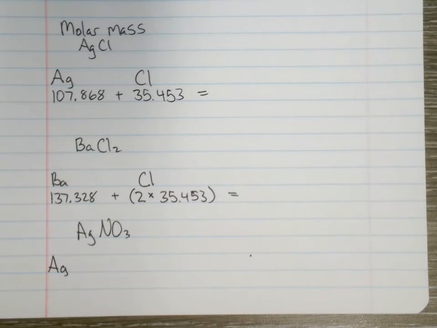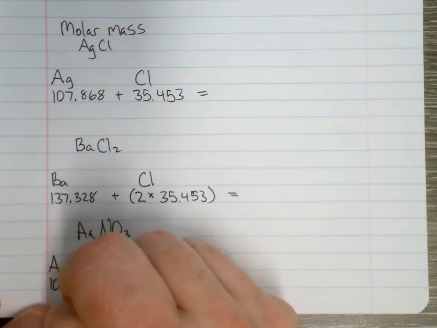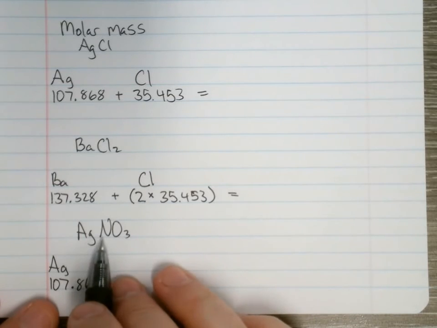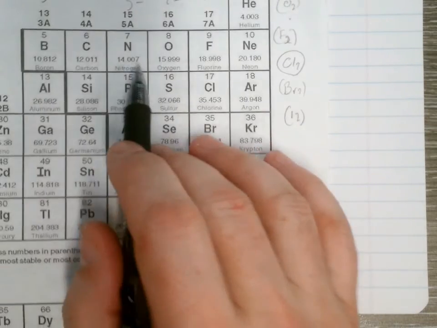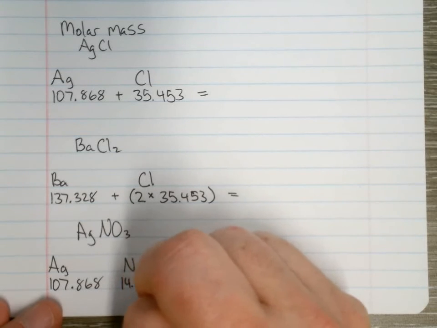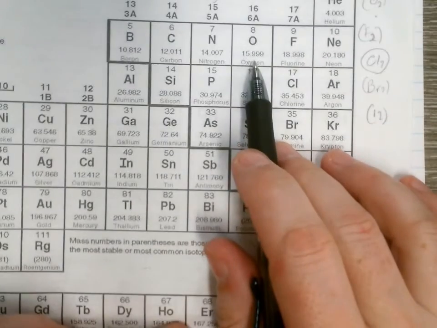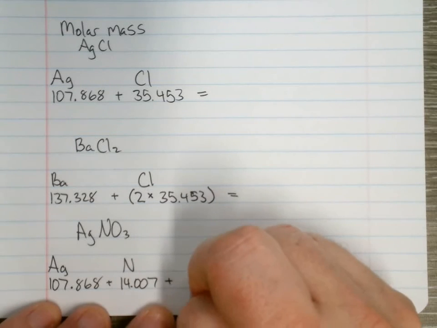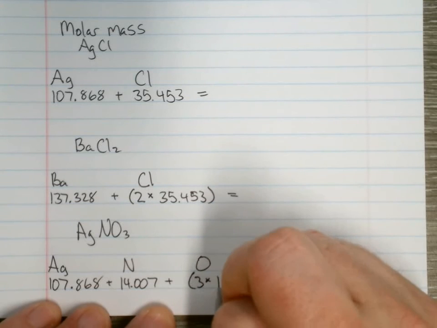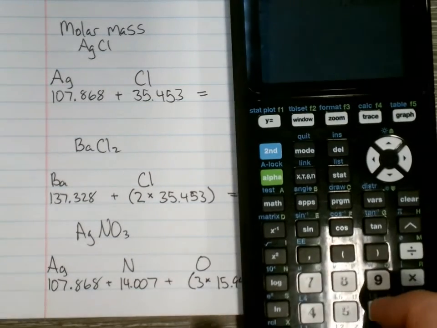So silver, we look at our periodic table and find silver, 107.868. We need to find the molar mass of nitrogen, 14.007, and then the mass of oxygen. There are 3 oxygens, 15.999. Three times 15.999. Plug it in.